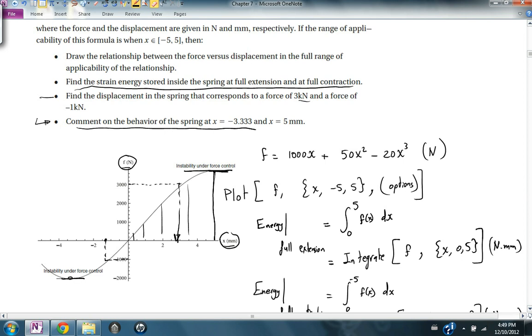This means right here at x equal 5 and at x equal negative 3.33, the spring is unstable under force control. It's okay to use it under displacement control where you're controlling the displacement of the spring, but if you're at this point and you're trying to apply a load on the spring, it will become unstable and will extend beyond its limits.